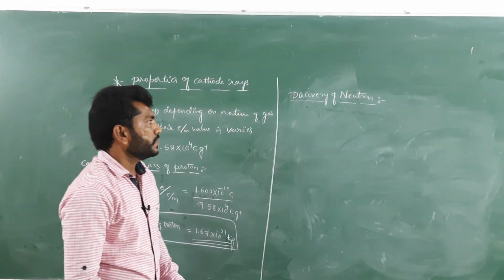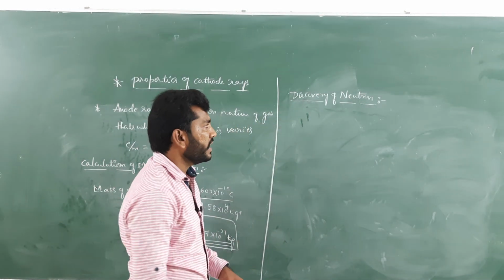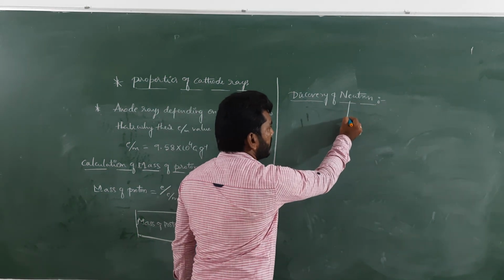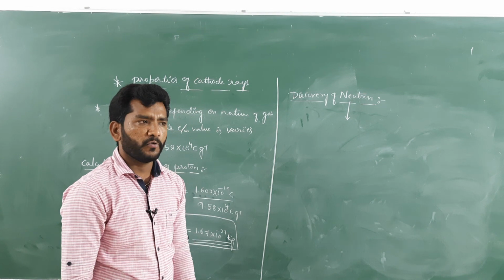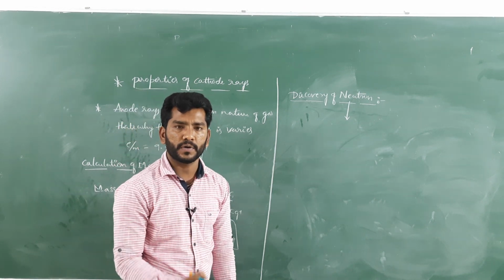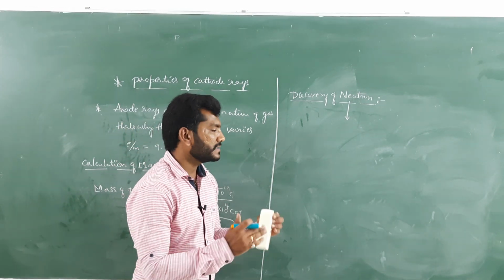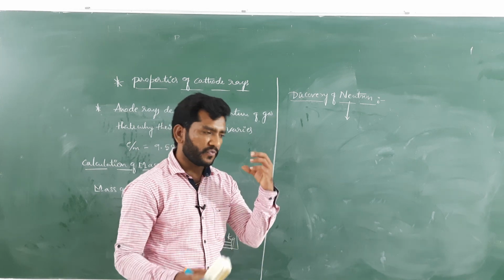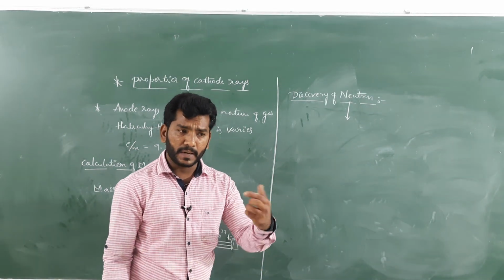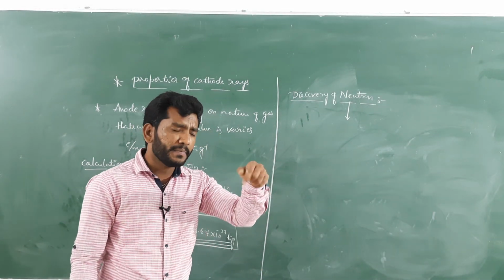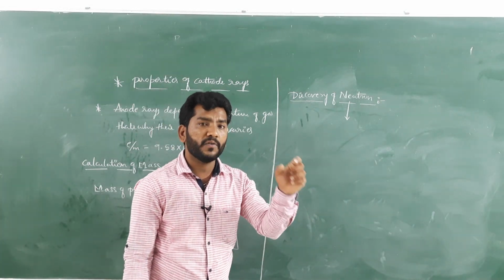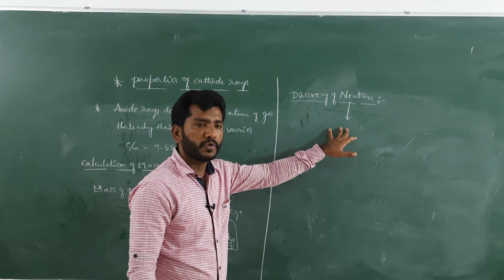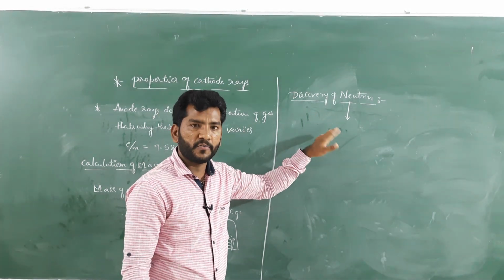So the discovery of neutron, guys. In the very first, the existence of the neutron was predicted by Rutherford. Suppose we consider one particular atom, there might be some neutral particle that has to be there. This was predicted by Rutherford.